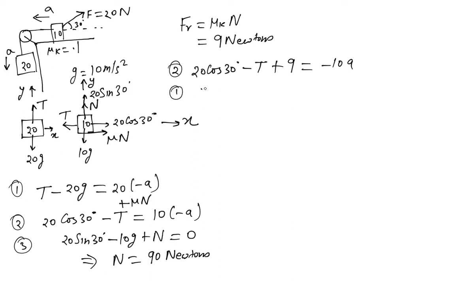We can rewrite the first one, which is T minus 20g equals minus 20a, and that gives us T equals 20g minus 20a.